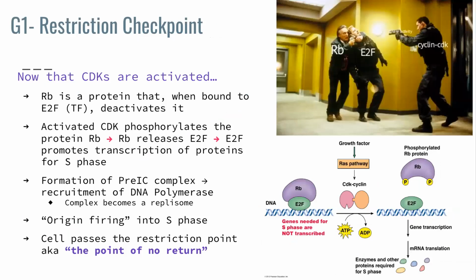Well, the main difference is that the pre-IC complex leads to recruitment of DNA polymerase, which is what replicates the DNA. And then that complex becomes a replisome. Does that help? Okay.